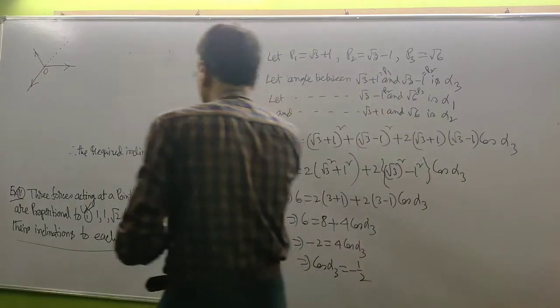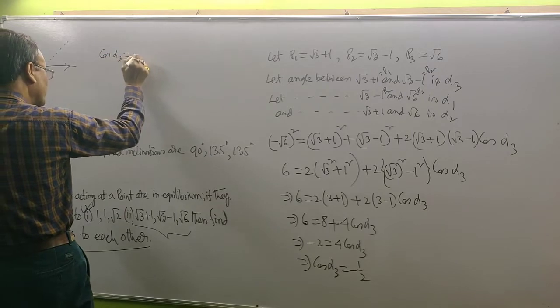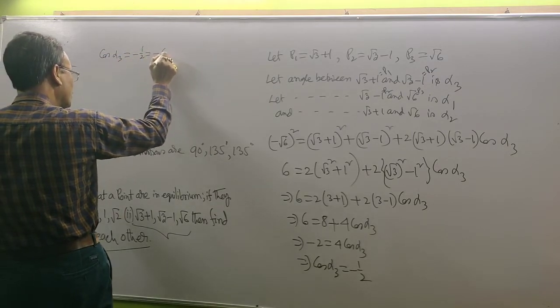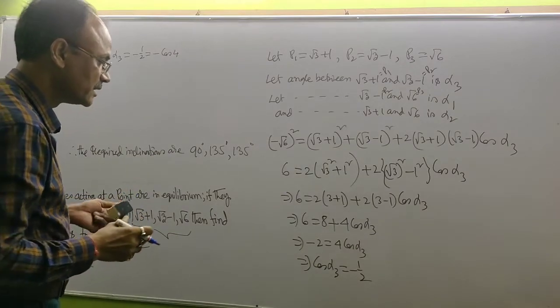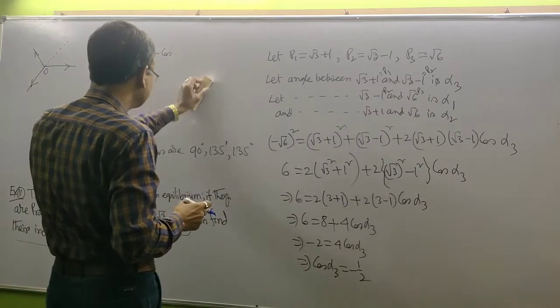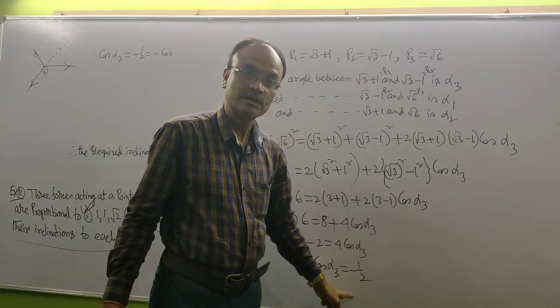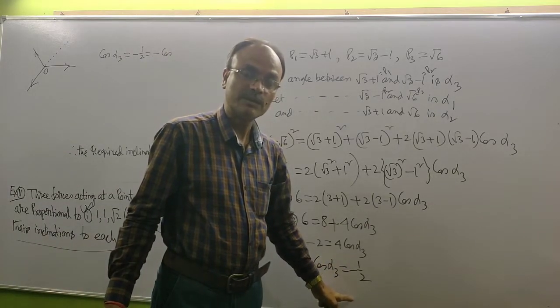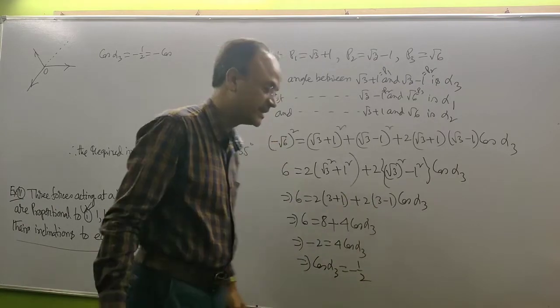Cos alpha 3 equals minus 1 by 2, equal to minus cos. What is this? 1 by 2 means sin 30 degree, means cos 60 degree.